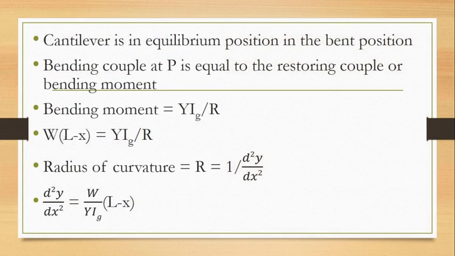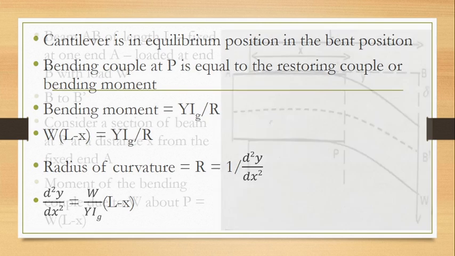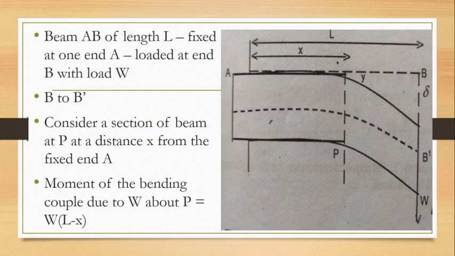Now you have to study the expression for the radius of curvature as R is equal to 1 divided by d square y by dx square. You had seen that the beam has bent due to the application of the load, and the depression occurs for the point B, and the new position is now B dash.